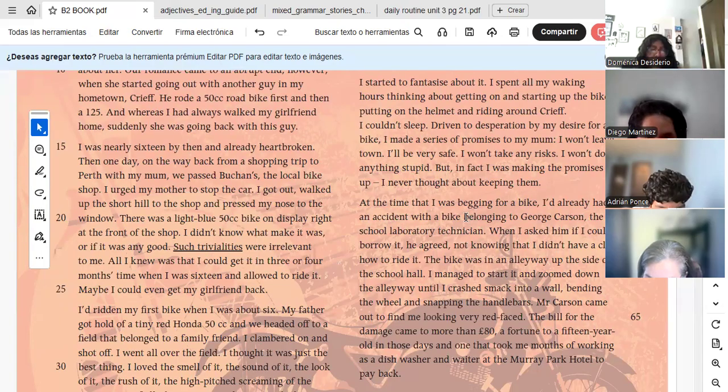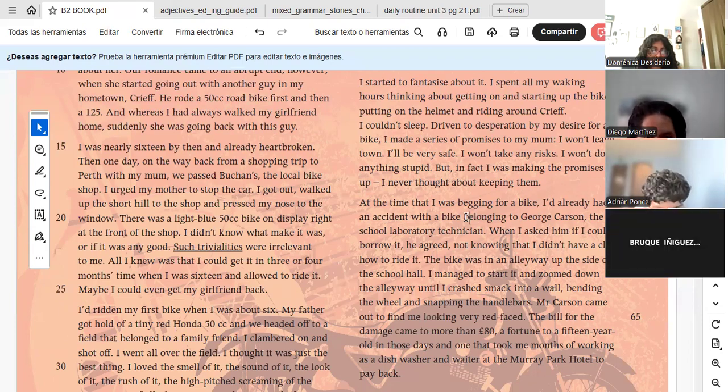He agreed, not knowing that I didn't have a clue how to ride it. The bike was in an alleyway up the side of the school hall. I managed to start it and zoom down the alleyway until I crashed smack into a wall, bending the wheel and snapping the handlebars. Mr. Carson came out to find me looking very red-faced.